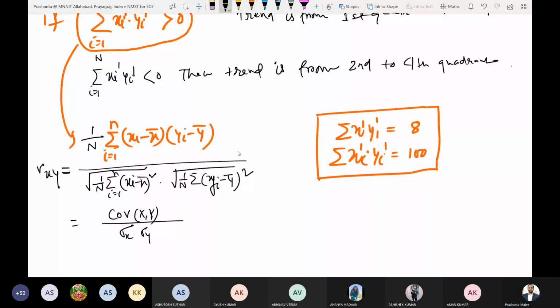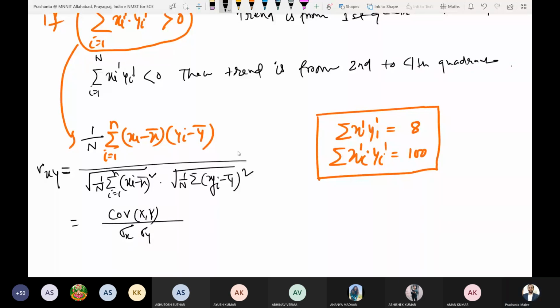Now I'll prove to you that rxy is bounded by -1 to +1. The smallest possible value of rxy is -1 and the highest possible value of rxy is +1. And if rxy equals -1 or +1, then the trend will be coinciding; there will be a unique trend.